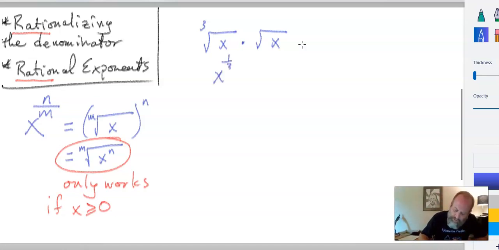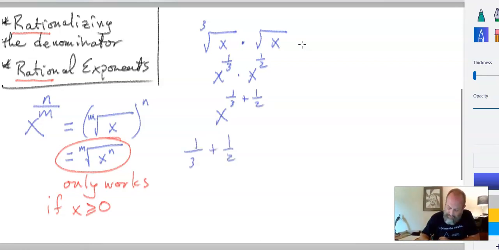This is x to the 1/3 times x to the 1/2. Now, I have like bases, and I'm multiplying them. So all that means is I need to add the exponents. Right? So that means that this is now x to the 1/3 plus 1/2.